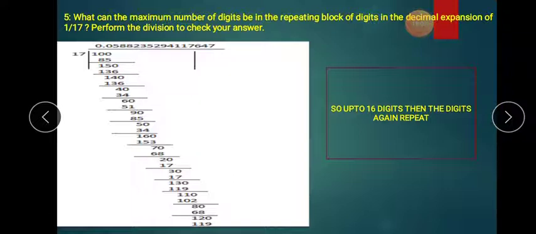So let us divide 1 by 17. If we divide in this manner, you will get the answer as 0.0588235294117647. Now the division doesn't end. If you again go on with the division, you will again get 0588 like this. That means this set of numbers will again start repeating.